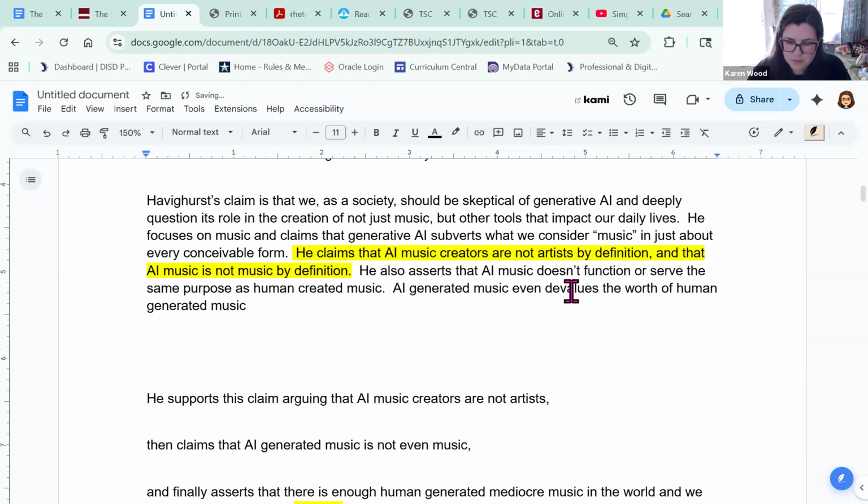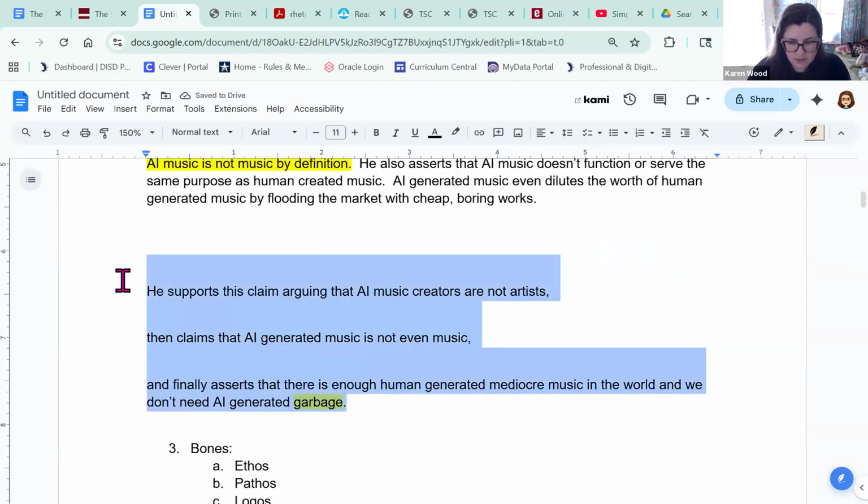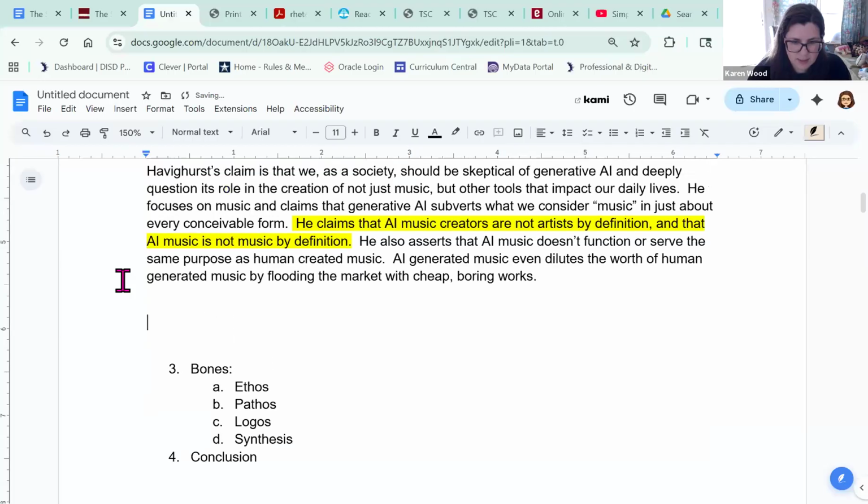Oh, dilutes. Because I like that, because I'm going to use the word flooding here. Okay. So now I've covered all of those points.